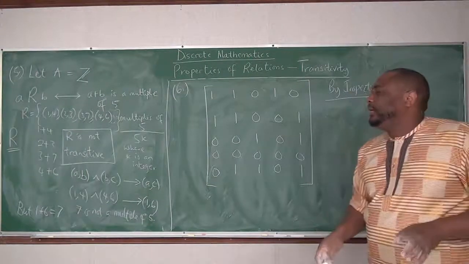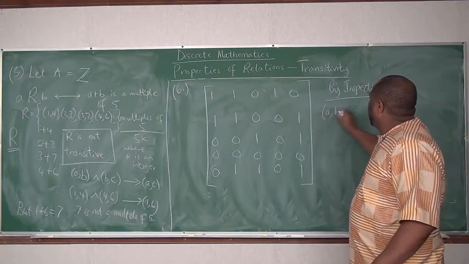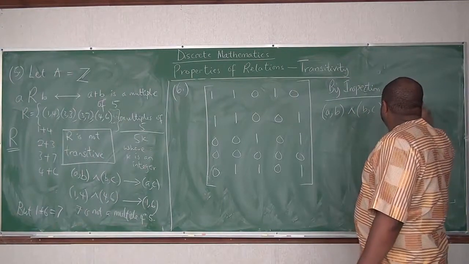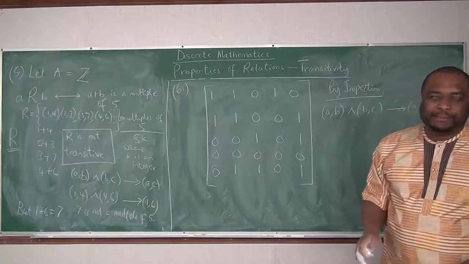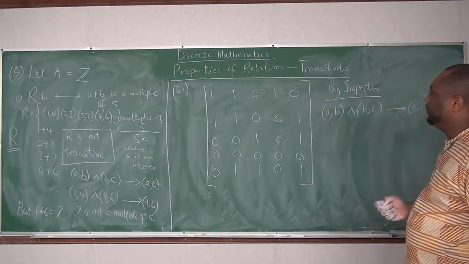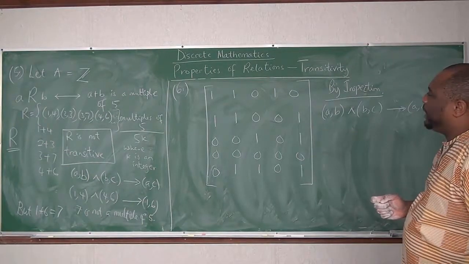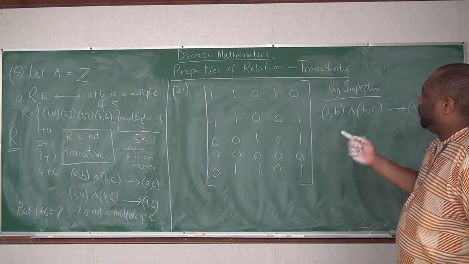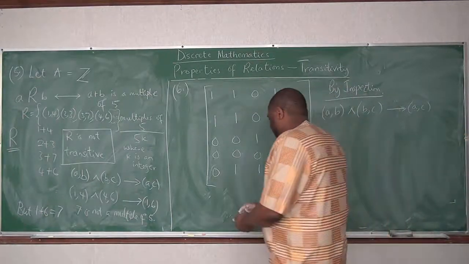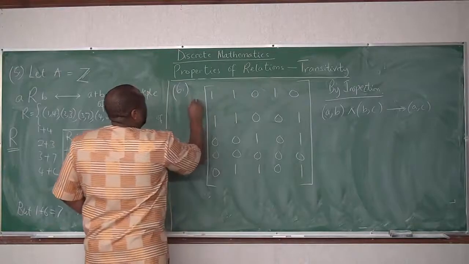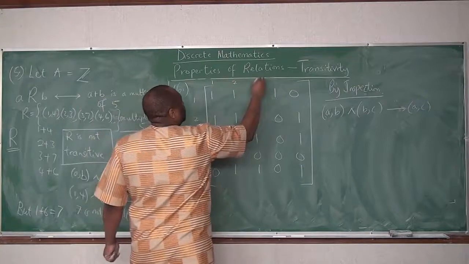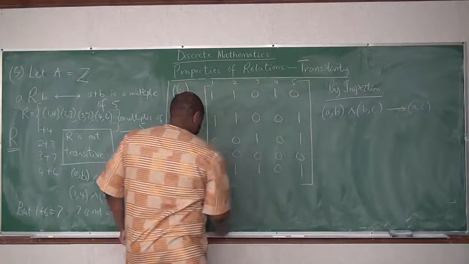So remember, we need AB and BC to give us AC. That is what we need. So we can do this. I can write this here: 1, 2, 3, 4, 5 and 1, 2, 3, 4, 5.